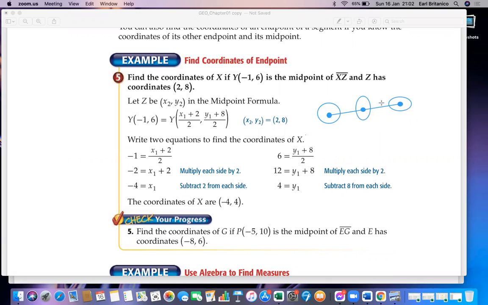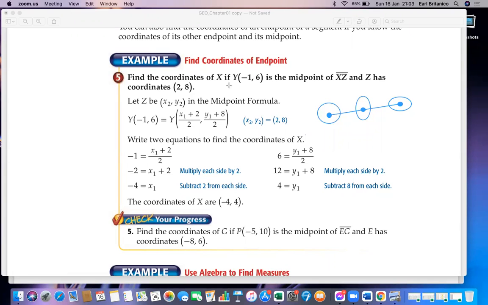Endpoint, endpoint, midpoint. The problem now is that we're going to look for the coordinates of the other endpoint, meaning one endpoint is given, the midpoint is also given, and you look for the other endpoint.